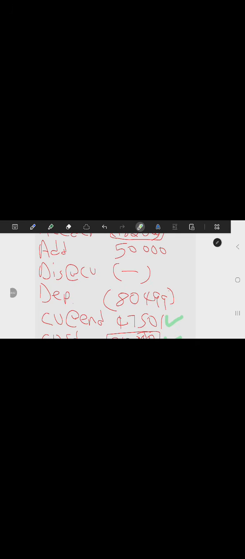Remember your cost at the beginning. I'm talking about the beginning of the term of this asset that we bought during the year was 50,000, and then we now have deducted the 2,500. So meaning that we are left with 47,500.